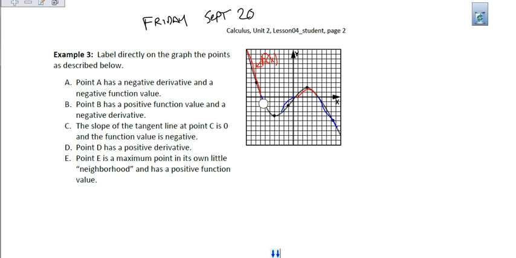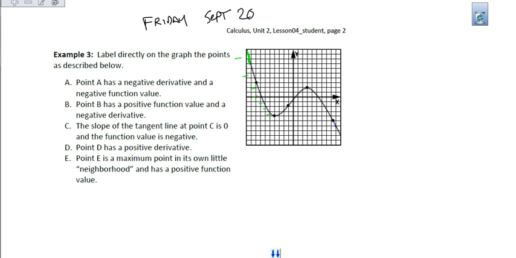So let's take a look at the derivatives, and let's look at the slope of the tangent line. Here we can see that at this very beginning it's very steep, but it's a negative slope. It continues to be negative all the way down the curve, and it's starting to flatten out a little bit.